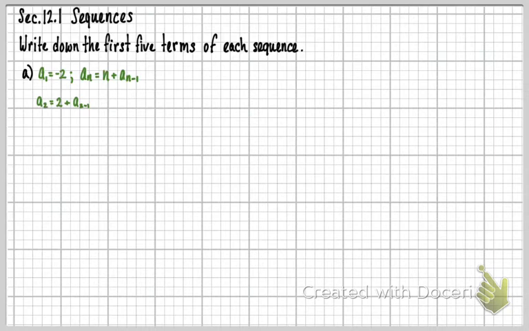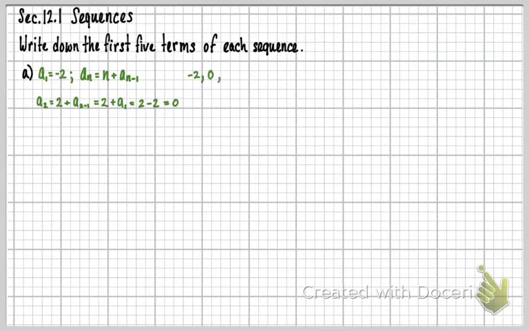So this is really 2 plus A1. And we look back and A1 is -2. So what we really have here is 2 minus 2, which equals 0. So my A2 is actually 0. So now for my first 2 terms, I have -2, 0.